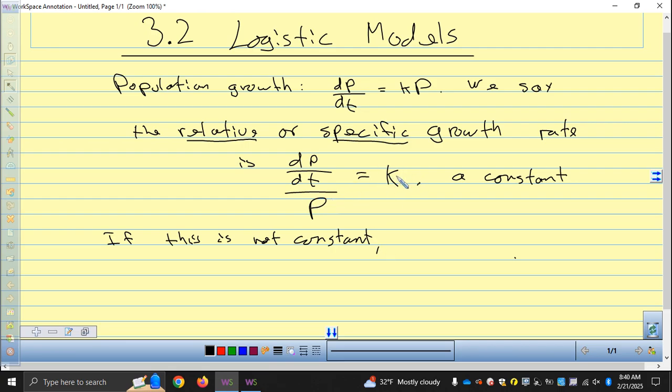If this growth rate varies in time, then we can write that this quantity is some function of the population.